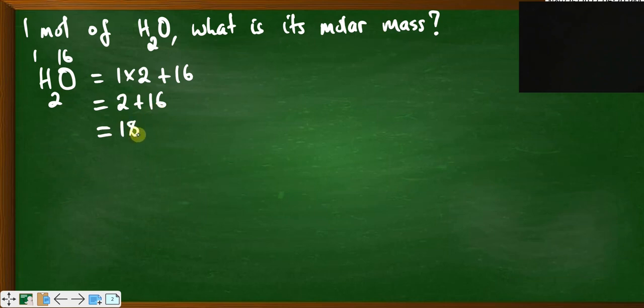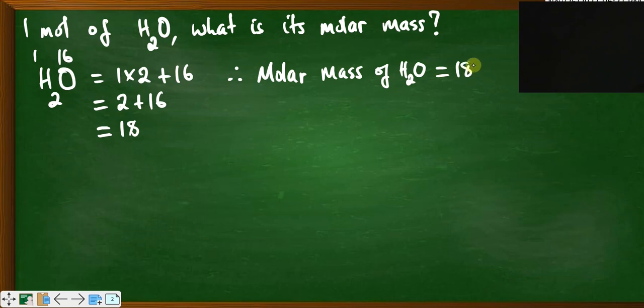This is the relative molecular mass of water, meaning that it is equal to the molar mass of water as well. So, therefore, the molar mass of water is equal to 18. Now put grams per mole.